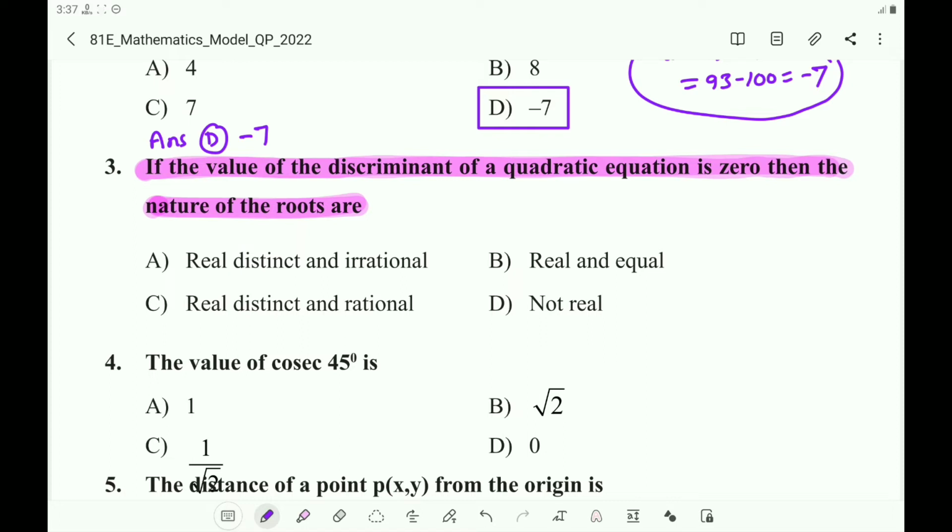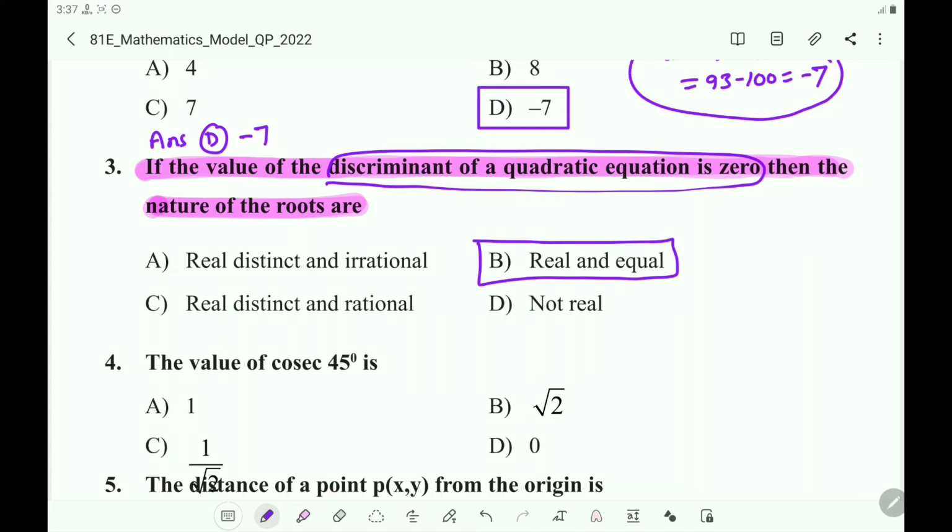If b² - 4ac is 0, means discriminant part is 0. b² - 4ac is called discriminant part. If b² - 4ac is 0, the roots are real and equal. You must know this. Roots are real and equal. So, option B is the answer. Answer B, real and equal.